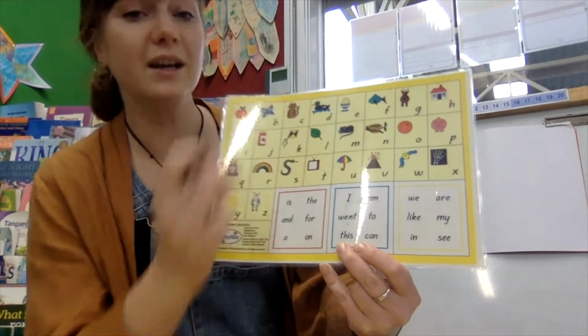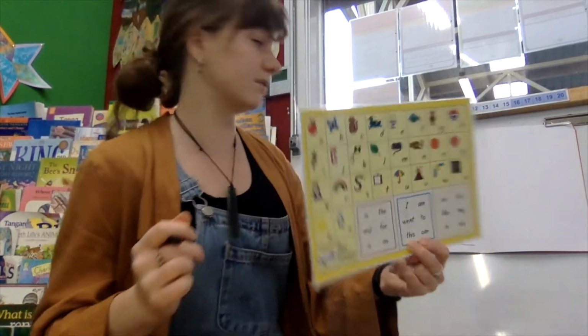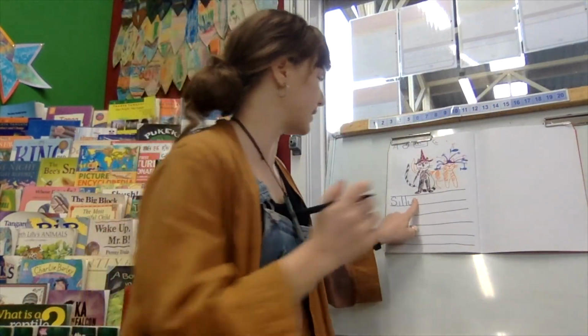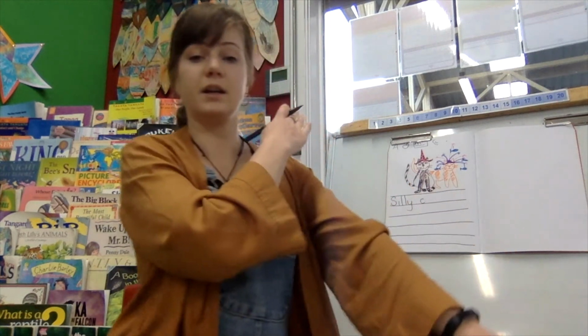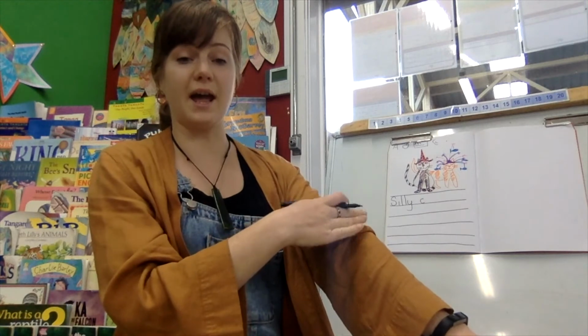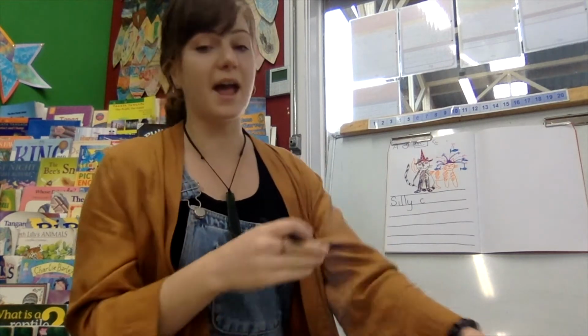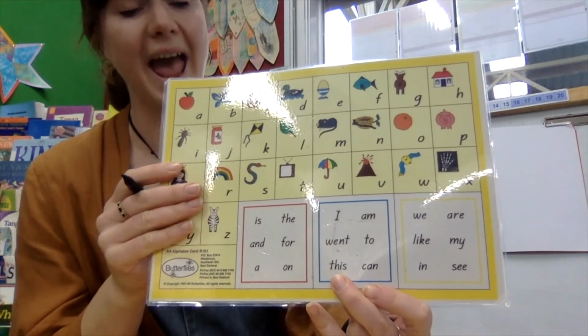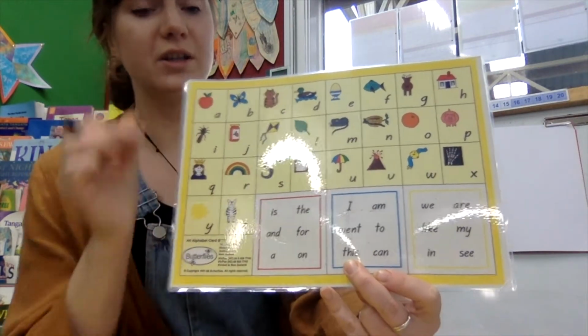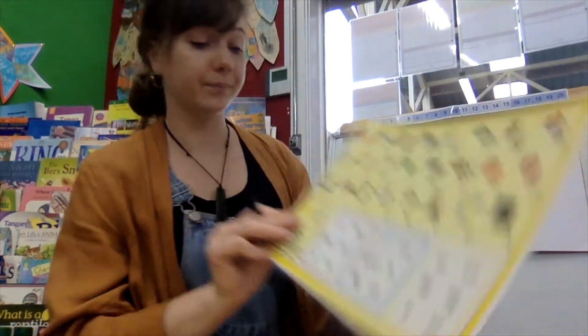This is our C. A C can make a k sound. Right, finger space. C. That's our first sound. K. Second sound, a. K, eh, eh, eh. Same beginning sound as apple. You've got it. Just here. Write that in.